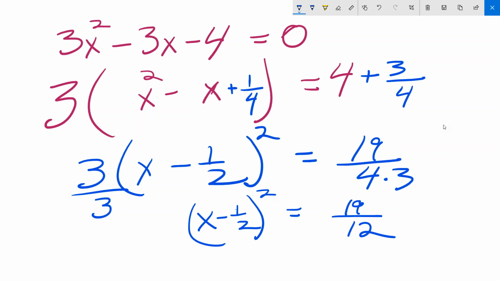Now you factor out the squared. Now you take the square root of both sides. Plus or minus root 19 over 2 root 3.